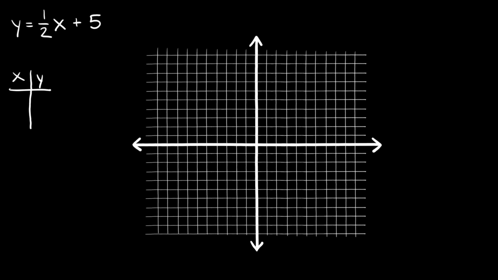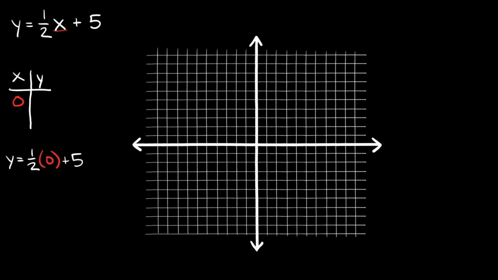Normally, one of the easier numbers to plug in is a 0. So let's plug in a 0 for this x and then solve for y. Rewriting this equation, we have y = 1/2 x, but remember we're going to plug in a 0, and then plus 5.